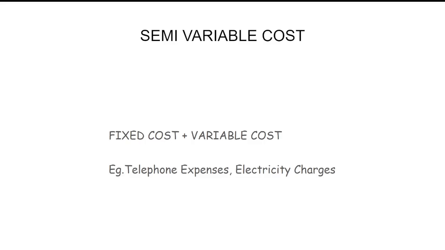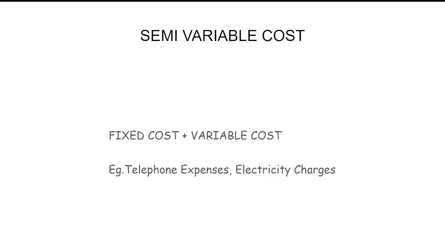That bill is nothing but the fixed cost, because those charges are towards your connection and your electricity meter. So that is fixed cost. This fixed cost is set at a specific standard rate, which will be the same for all.